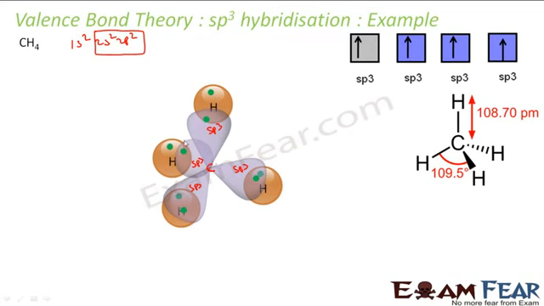Since this sp3 hybrid orbital of carbon and this s orbital of hydrogen both had 1 electron, they overlap. Let me make the hydrogen electrons red. Here also, the s orbital of hydrogen overlaps with the sp3 hybrid orbital of carbon because both had a single electron, and that's what the overlap theory says: if they have unpaired electrons in the orbitals, they overlap.